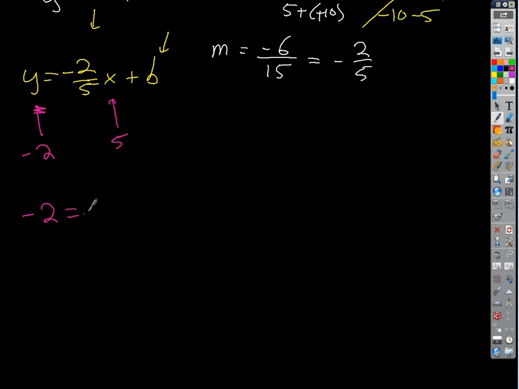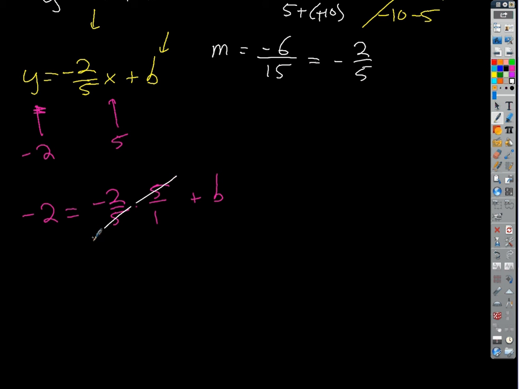Negative 2 equals negative 2/5 times 5. And I'm going to write the 5 as a fraction, putting a 1 on the bottom, plus b. Okay, so what happens here now? If I multiply negative 2/5 times 5 over 1, can I cancel anything? Yeah, I cancel the 5s.